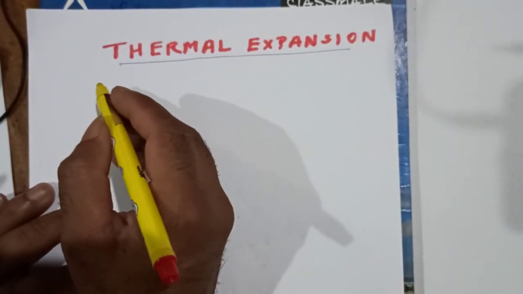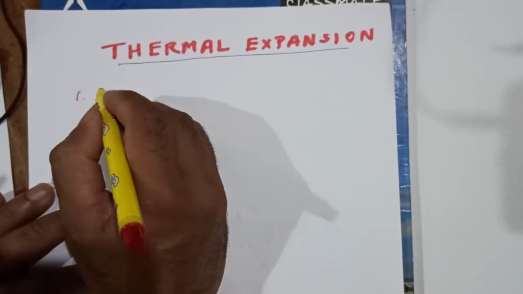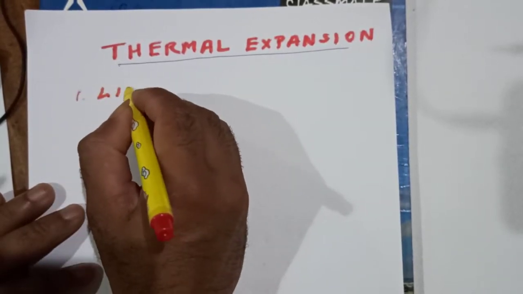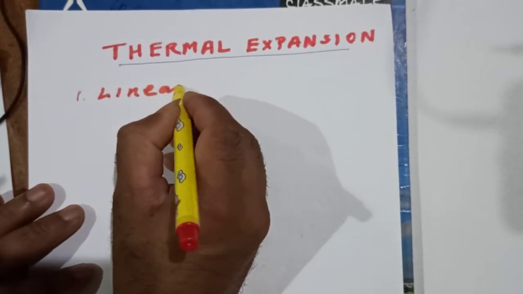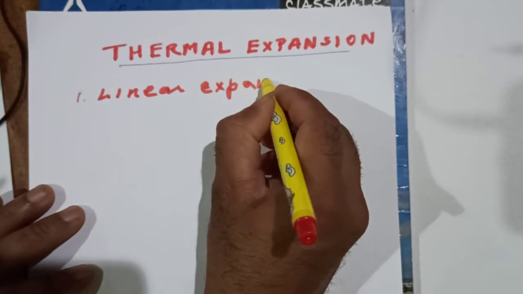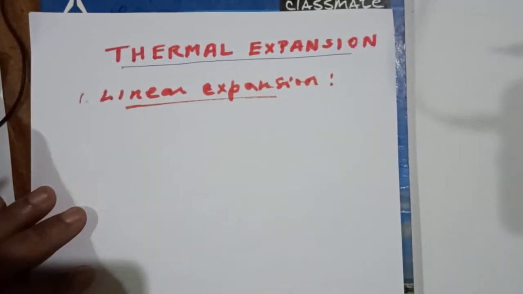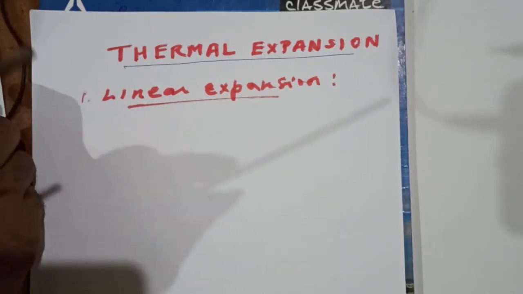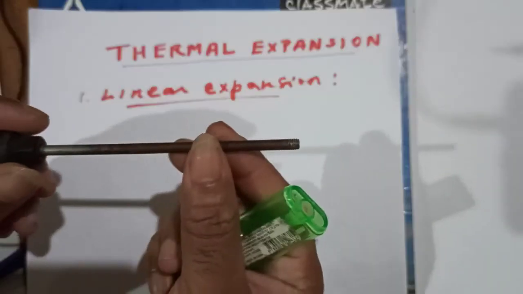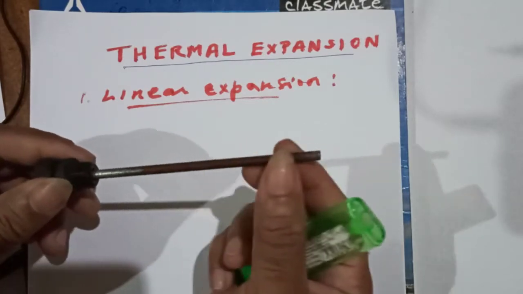So there are three types. Number one is linear expansion. What is linear expansion? For example, this is an iron rod, a small iron rod.